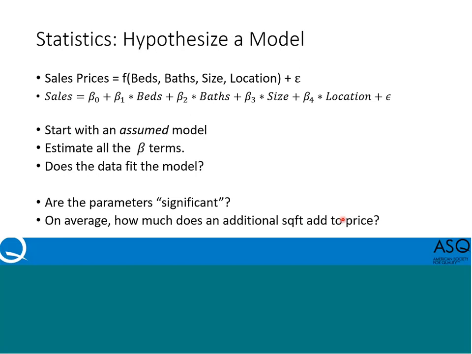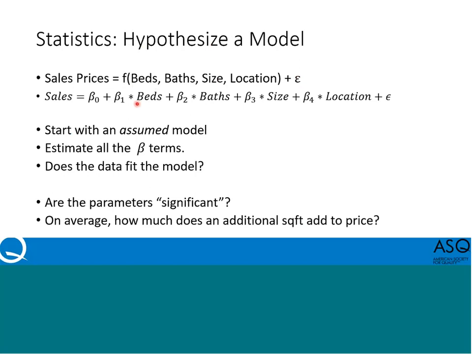Because if you're a statistician, and like I said in my background, I am a statistician by training, the first step that we often learn is, well, let's assume that the data is generated, there's some truth in the world that we are trying to model. So in statistics, we often hypothesize a model. We're going to say that the sales price is some function of beds, bath, size, location, plus this epsilon, some unknown error term.